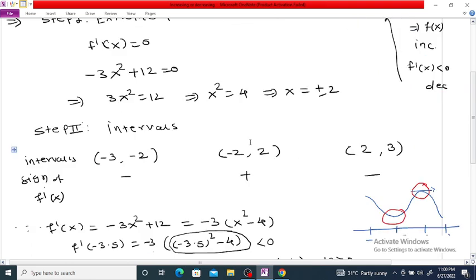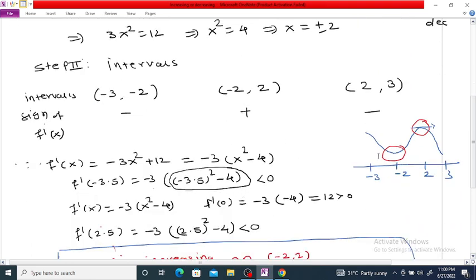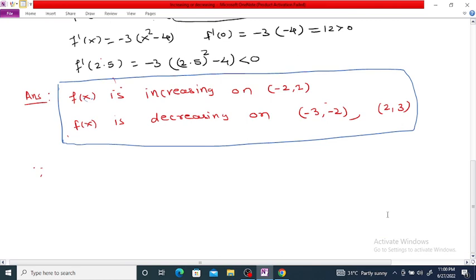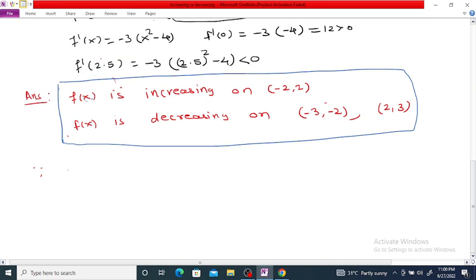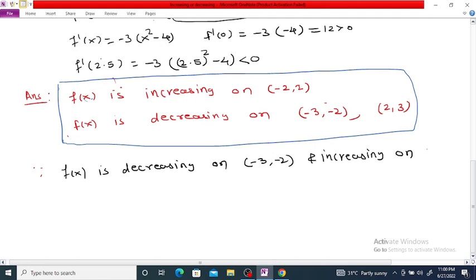Now since the function is decreasing on minus 3 to minus 2 and increasing on minus 2 to 2, we can write: since f of x is decreasing on minus 3 to minus 2 and increasing on minus 2 to 2, therefore x is equal to minus 2 is a relative minimum.